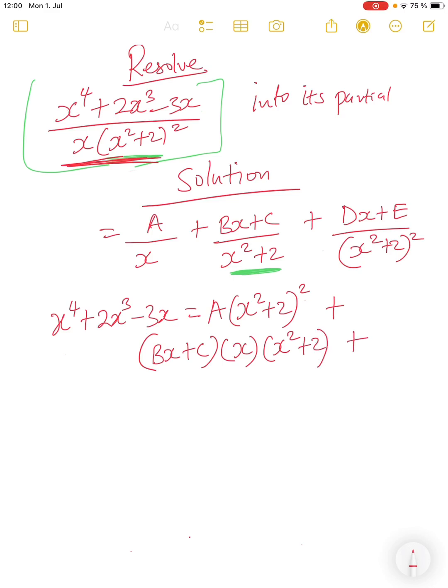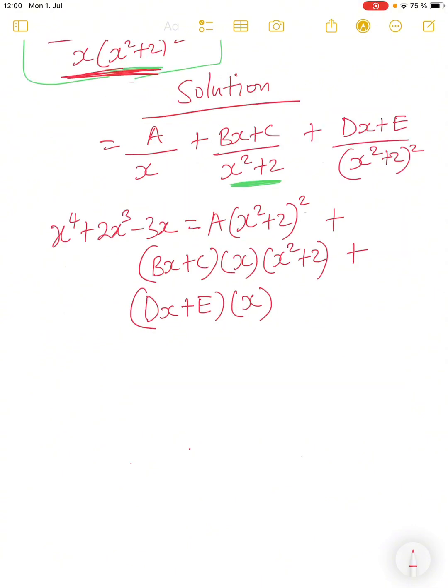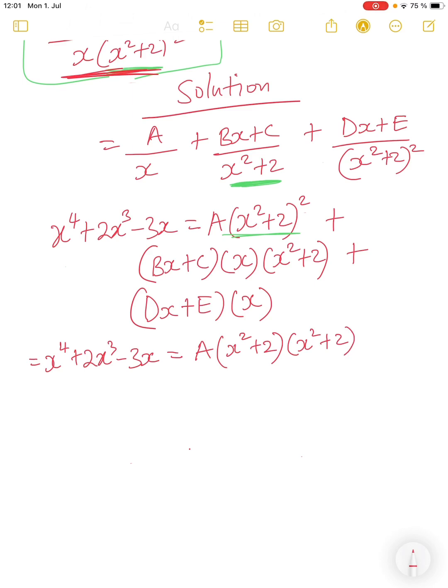Then plus you multiply dx plus e by the denominator, you have dx plus e times x. So we can now expand. We have x to the power 4 plus 2x to the power 3 minus 3x equal to a times x squared plus 2 times x squared plus 2, plus bx squared plus cx.